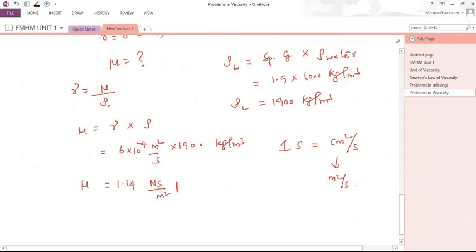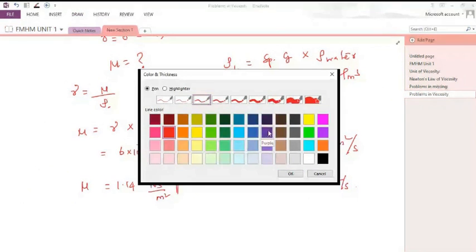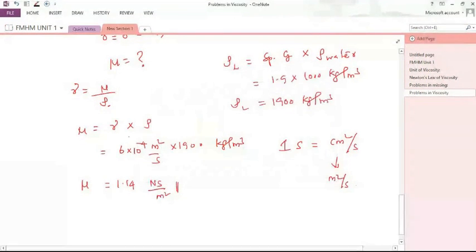Just a minute, I will change the color for simple identification. The meter square we can write as meter into meter. Here simply multiply and divide by second, so there is no change. Then we need to bring in a Newton.